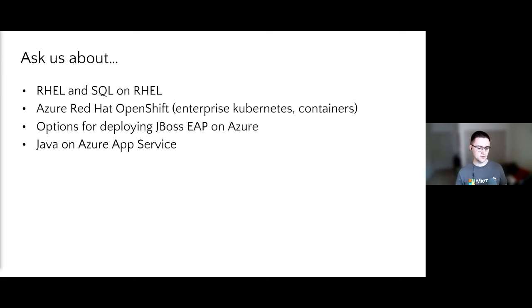And we have options that run on Windows and Linux, so you can choose your flavor. And then we also have support for Tomcat. So if you have an application that runs on a servlet like Jetty or Tomcat, we have a managed Tomcat solution as well. But if you are in neither of those camps and you still have a web or API application that you want to deploy to App Service, you can also just publish your own container. So there's always that option.